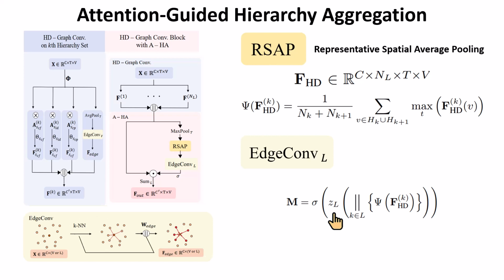And finally, they pass it to this sigma, which is sigmoid. And we know that the output of sigmoid is a value between 0 and 1, which we can consider as some weights. To show you in an example, let's say the set 1, after passing all this RSAP and edge convolution, is a vector like this, the weight that represents set 1.